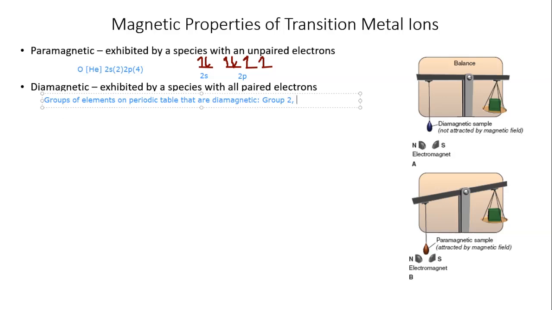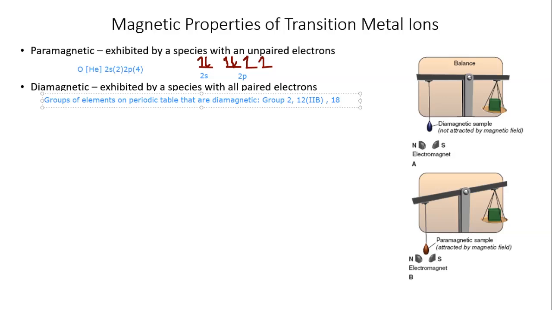Group 12 or 2b, so that's the zinc, cadmium, mercury group. And group 18, the noble gases. So these three groups, their elements are always diamagnetic. So any other element that's not one of these three groups is going to be paramagnetic. So you need to remember that.